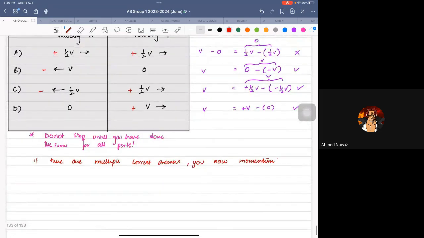A is completely wrong because I know it was not even elastic. So the rest of them I'm going to check. The momentum equation is m1 u1 plus m2 u2 equals m1 v1 plus m2 v2.